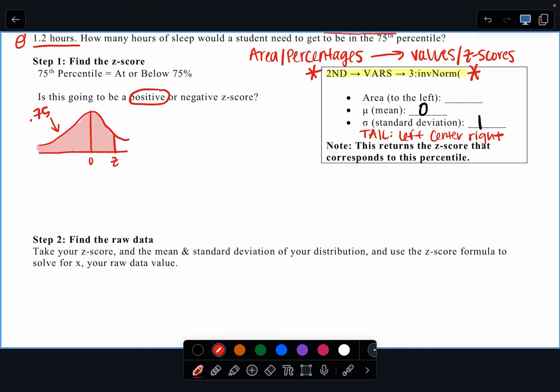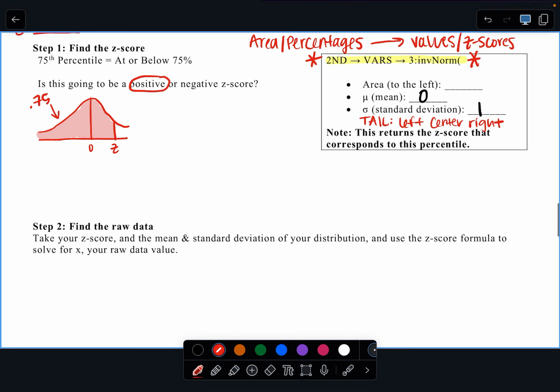Now, for those of you who want to write the probability statement, these get a little weird, but you say probability z is less than some number, since we don't know what it is, and that equals 0.75. Usually when it comes to finding values, most people prefer the picture because it's easier than writing out a probability statement.